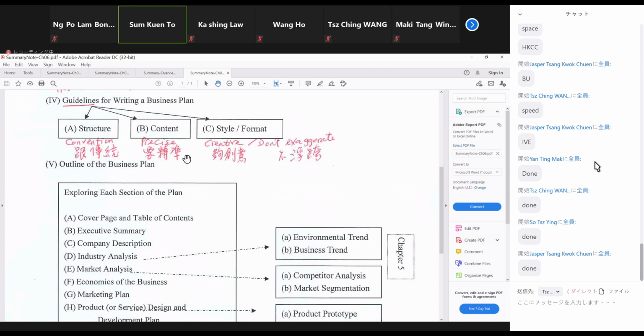And of course, be pragmatic, 唔好浮誇, don't exaggerate, because they know that I read the report because I want to invest, I want to earn money, I want to invest in the company.